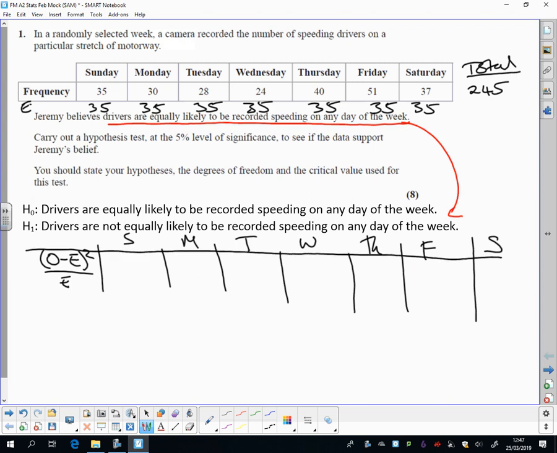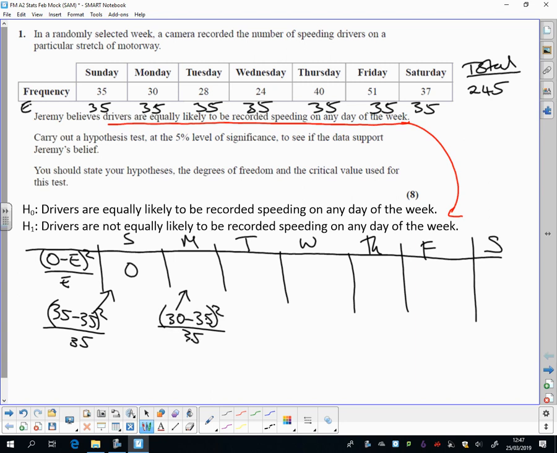Okay, so for example, for Sunday, which obviously is going to turn out to be 0, our observed value is 35, our expected value is 35, square that, divide by expected, which is 35, obviously that's going to be 0. For Monday, our observed was 30, our expected is 35, squared, divided by 35.